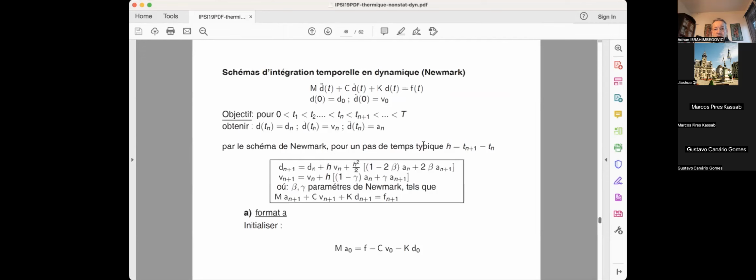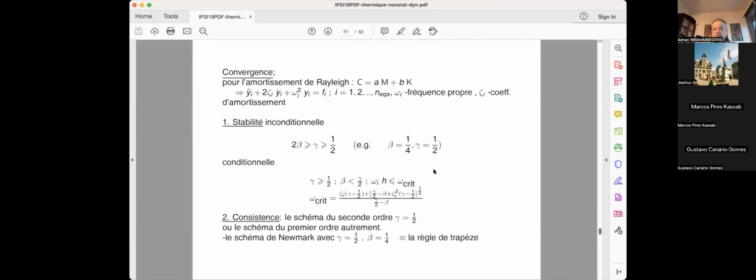If you go back to the Newmark equation, if you take gamma equal to 1/2, you're basically taking acceleration to be half of a_n and half of a_{n+1}. You're taking really the average acceleration method. If you take beta equal to 1/4, again, you take this acceleration to be half of a_n and half of a_{n+1}, and you simply integrate. So this is the one choice, and it's already unconditionally stable.